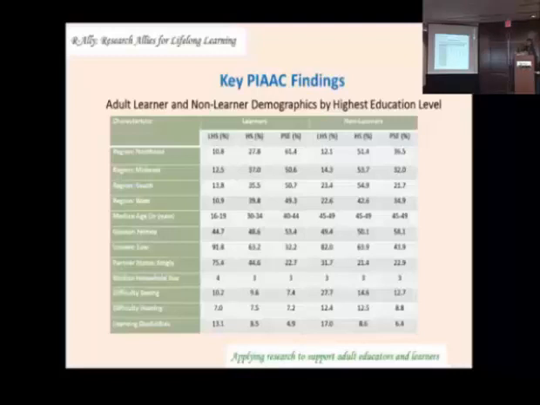At the bottom, the last 3 rows talk about people with difficulties seeing or difficulties hearing or with learning disabilities. And one of the things that kind of jumped out at us in this study when we looked at that was that the proportion of those things was much higher in non-learners than in learners. So I think that's telling as well.